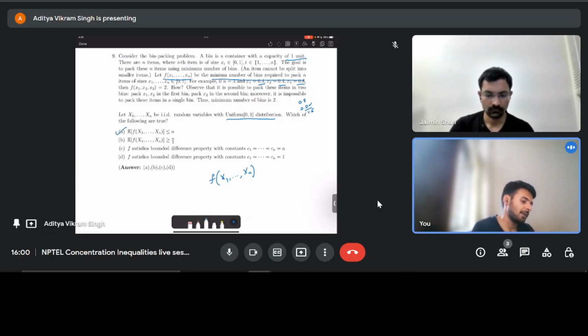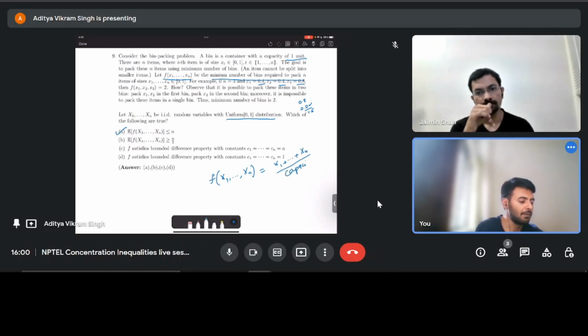Now we want some lower bound on this function. Is it possible to get some lower bound? One lower bound is, if you have n items, take the total size and divide by the capacity of the bins. So f would have to be greater than or equal to that.